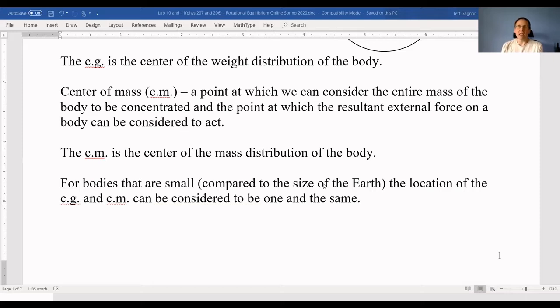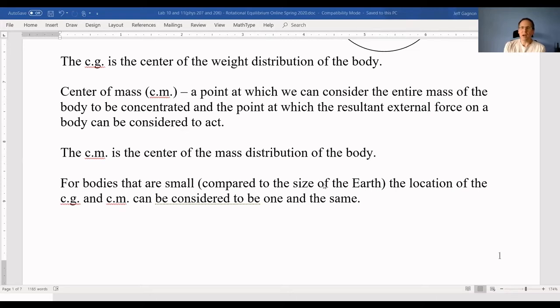So in effect, there really is a slight difference, especially if you have a very tall object at the surface of the Earth. There is a slight difference between the location of the center of mass and the location of center of gravity. Center of mass would just depend on the mass of the object. So if you had a nice symmetrical uniform object, the center of mass would be right in the center of the object.